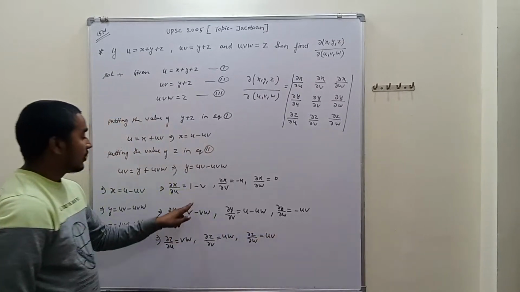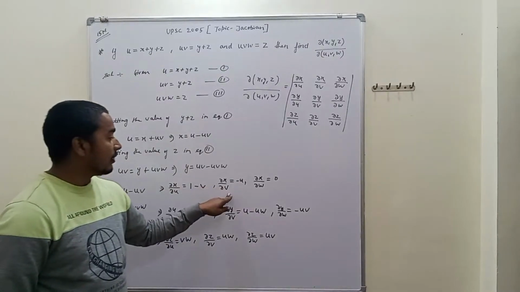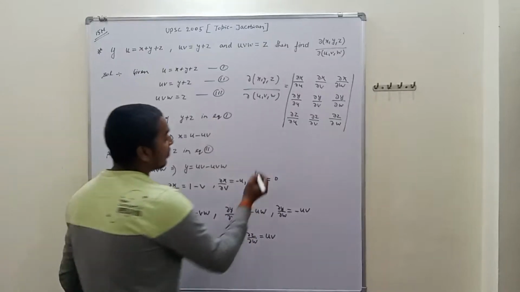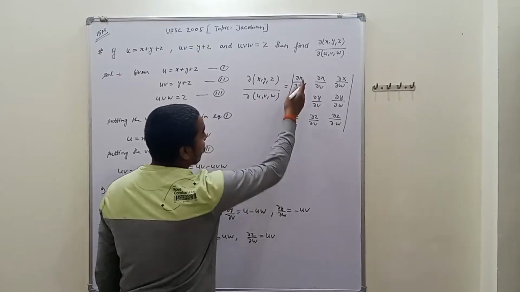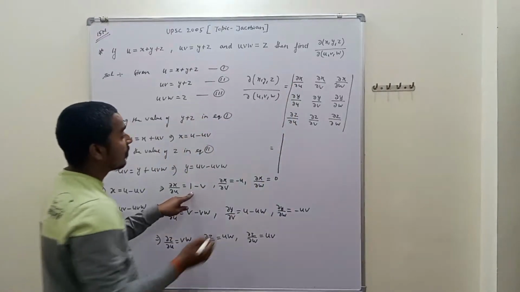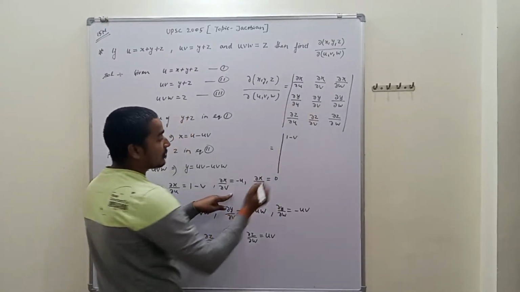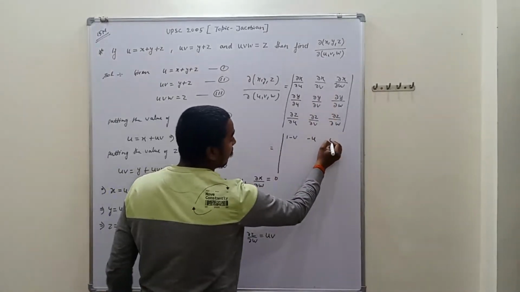Putting the values of the partial derivatives in the above determinant: del x upon del u is 1 minus v, del x upon del v is minus u, and del x upon del w is 0.